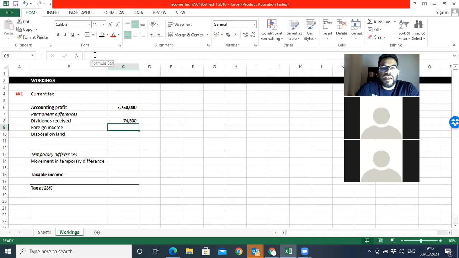Included in accounting profit is foreign income of 40,000 Rand. Remember, they showed it there as 35. But like I told you, from an accounting perspective, we always record an amount before tax. Why? Because tax is shown separately. In the very first line item, I told you the accounting profit was correctly calculated. So that means they treated that 35,000 Rand correctly. So what did they include in other income?